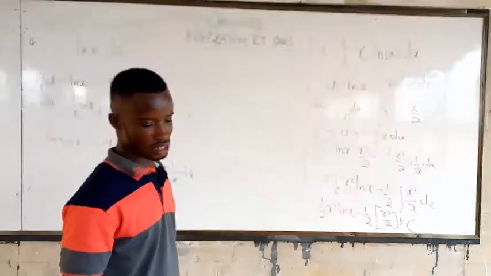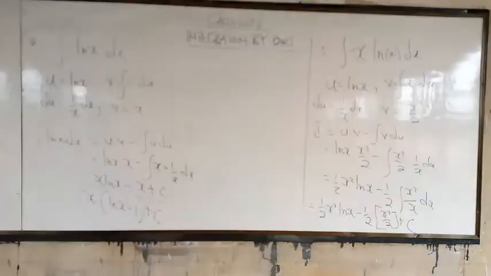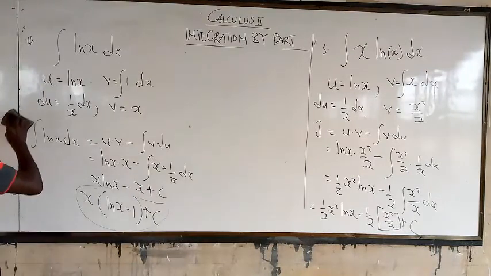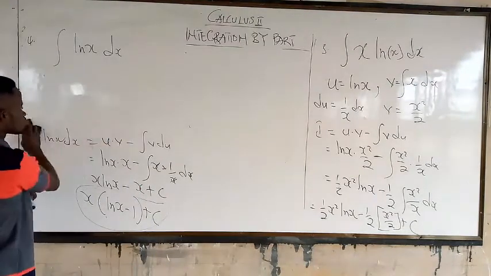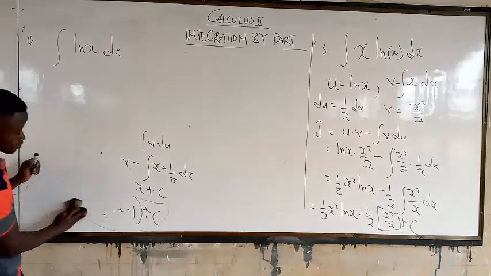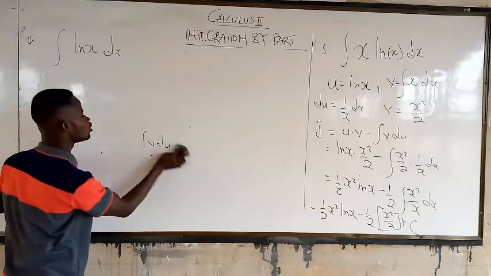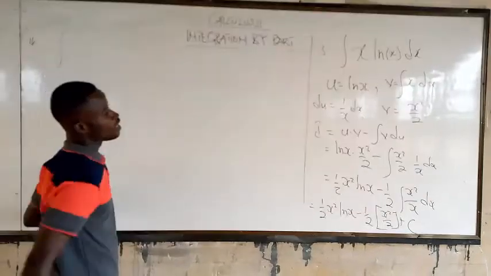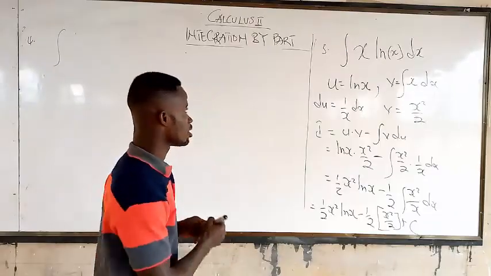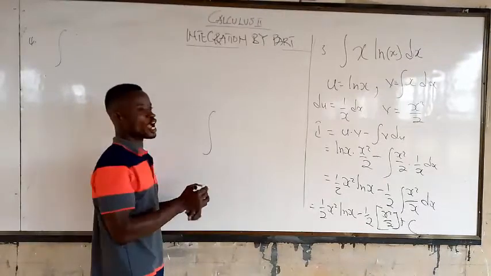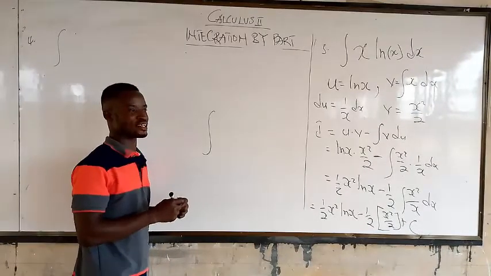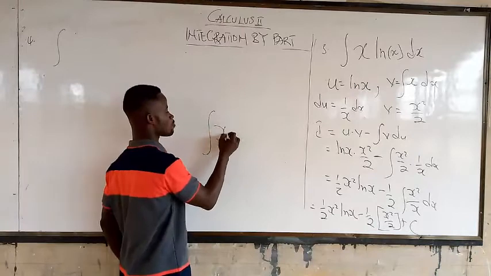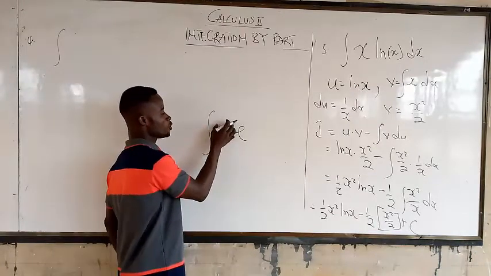Alright. Let's look at another one. You can also realize that anytime we have exponential and polynomial, u is always this.